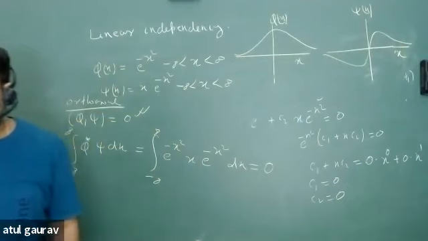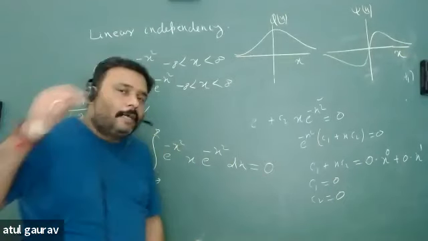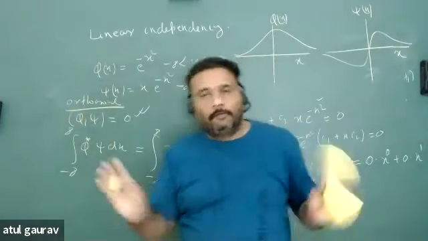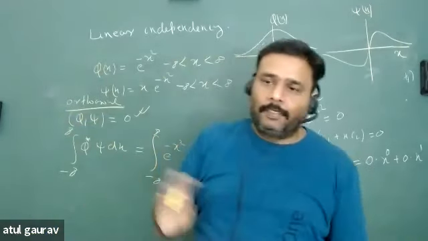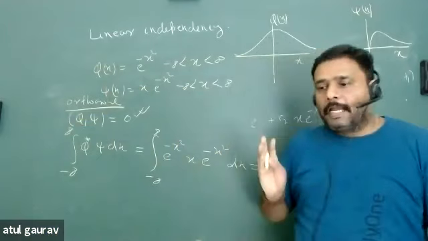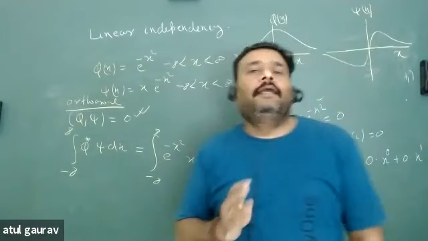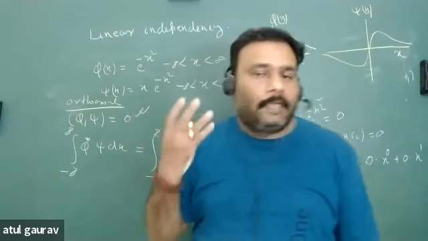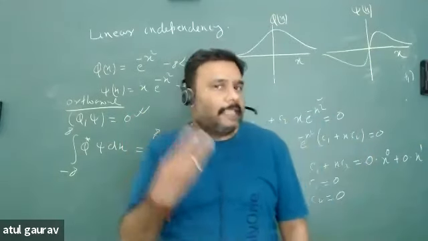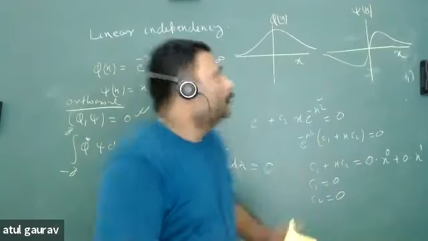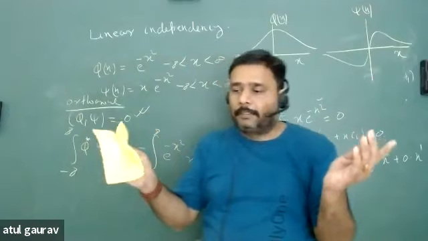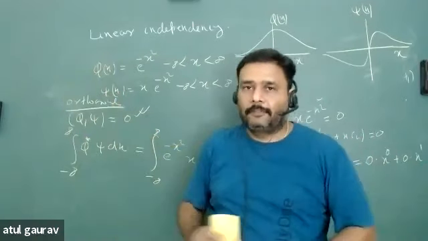So don't try to mug up unnecessarily what is the physical meaning of it. This kind of situation cannot happen in reality. Everything you have to verify with mathematics. Our brains are not so developed in terms of visualization that we can visualize these two things as orthogonal vectors, one in this direction, another in this direction.